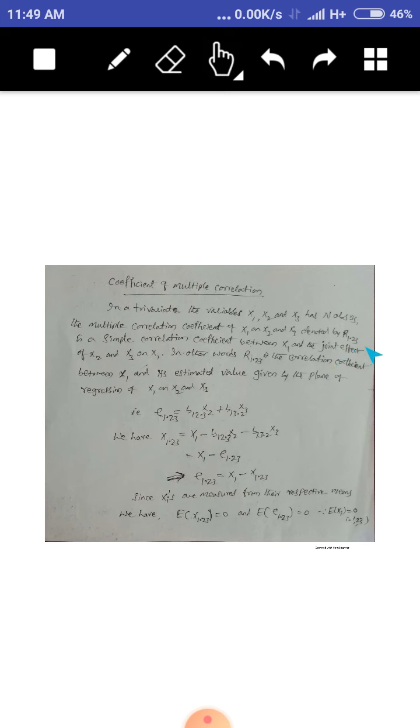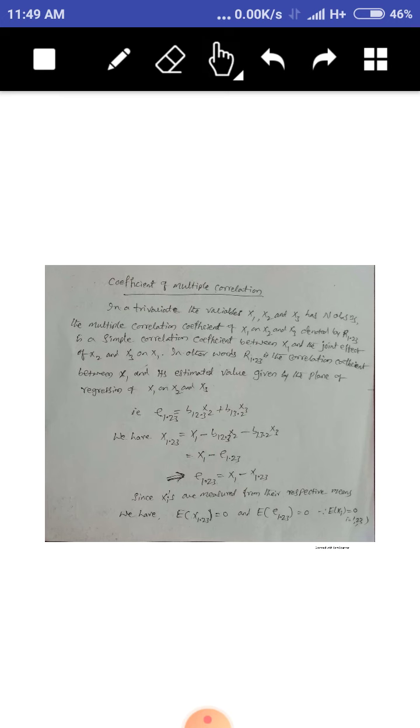It is the simple correlation coefficient between x1 and the joint effect of x2 and x3. In other words, capital R1.23 is the correlation coefficient between x1 and its estimated value given by the plane of regression of x1 on x2 and x3.